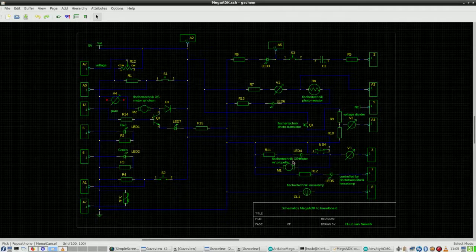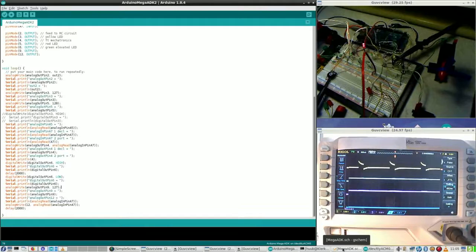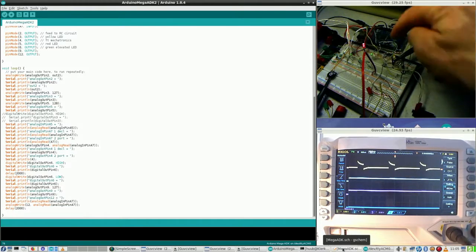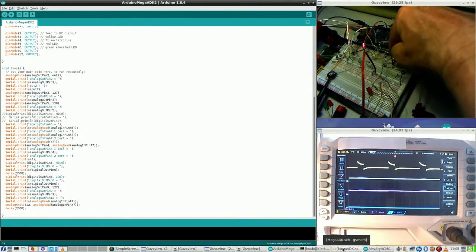Then the motor with propeller is coming from 3. Definitely coming from 3. What is coming from 3 right now? The green wire. And the green wire right here is coming towards this LED.